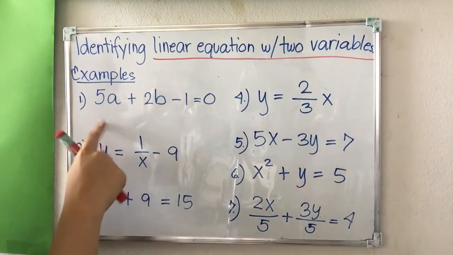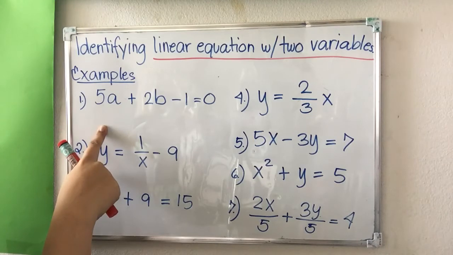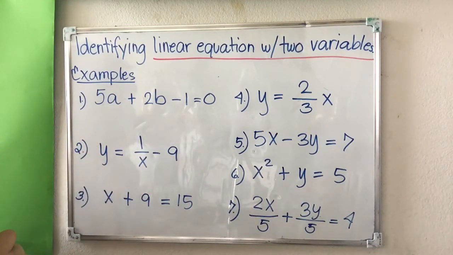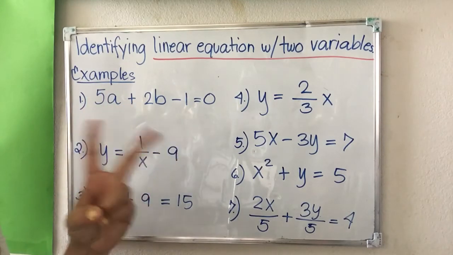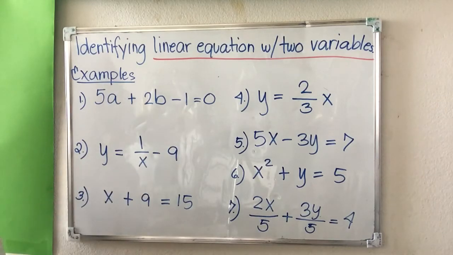Is it a linear equation with two variables or not? What is a linear equation with two variables again? It has two algebraic terms with variables and one numerical number.